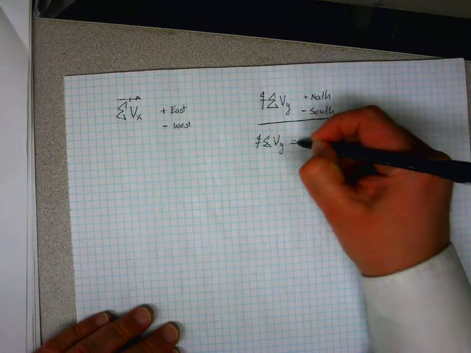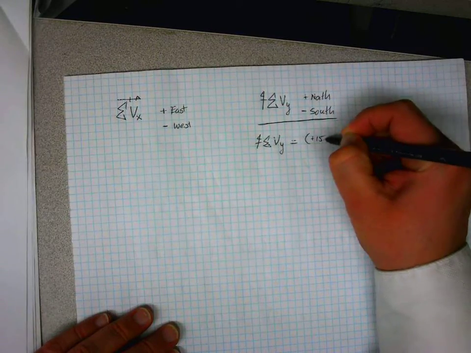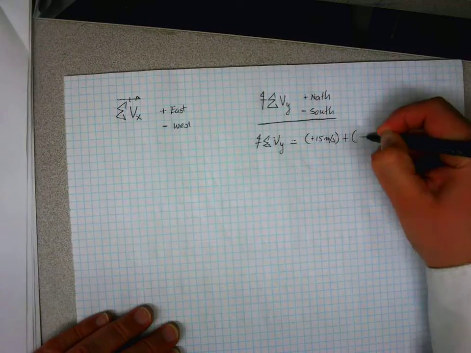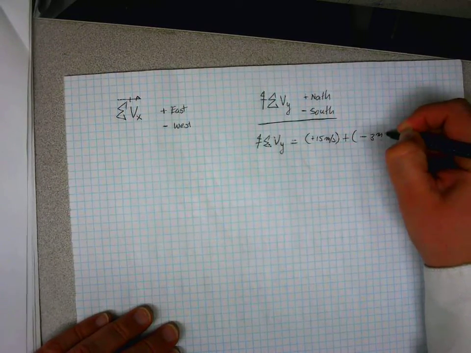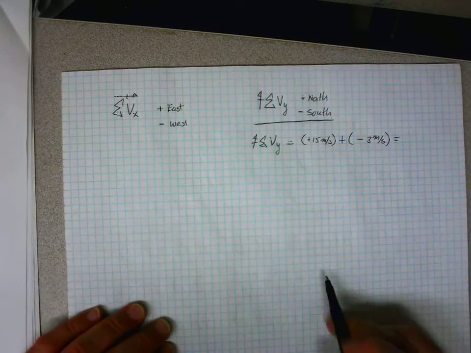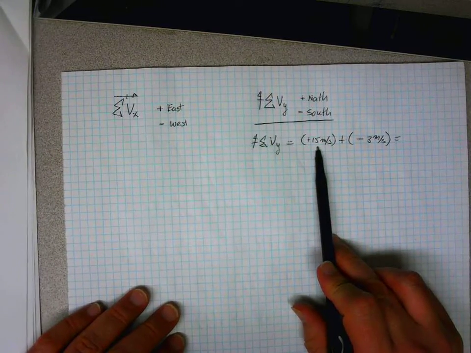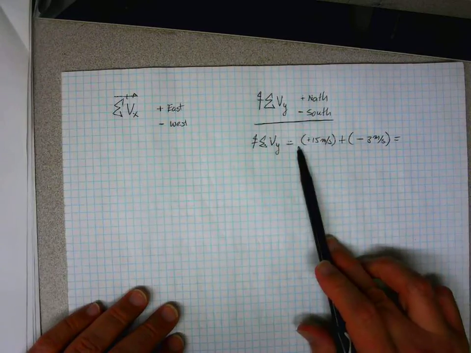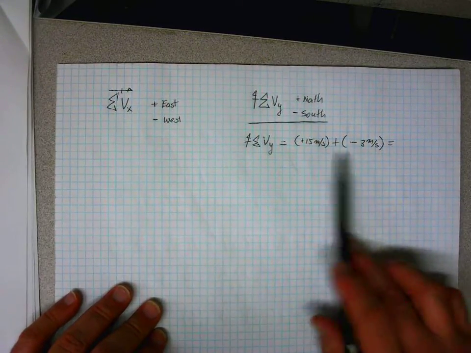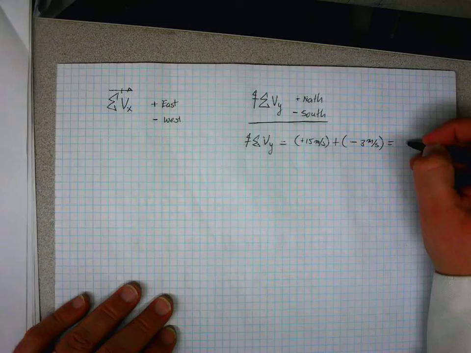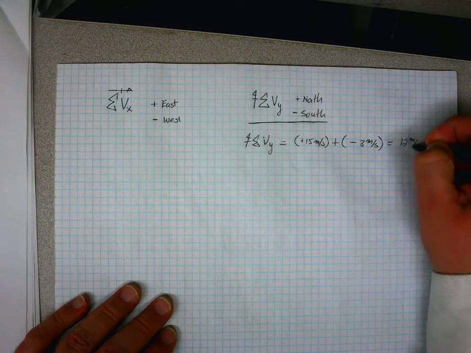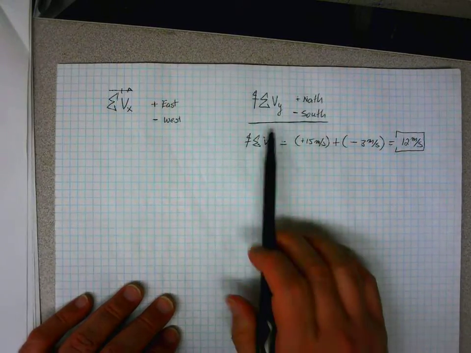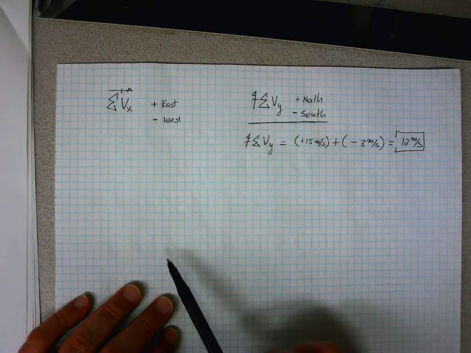So this gives us a positive 15 meters per second, and we add it with a negative 3 meters per second. Now here we have 15, here we have 3, so we're really going to subtract 3 from 15. When we subtract these two numbers, we get 12 meters per second. So we use this rule to add it up.